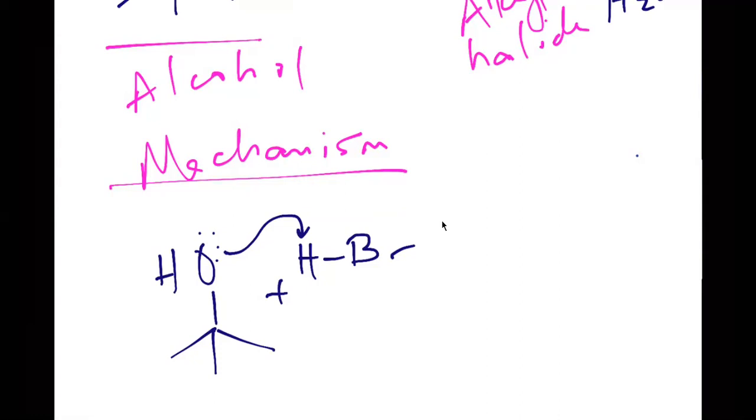All right. So then once I attack H, I'm also going to break the H-Br bond. Let me put some lone pairs on bromine so you'll be able to see that. It's got 3 lone pairs around it. So when I break the H-Br bond, I'm going to end up with this.